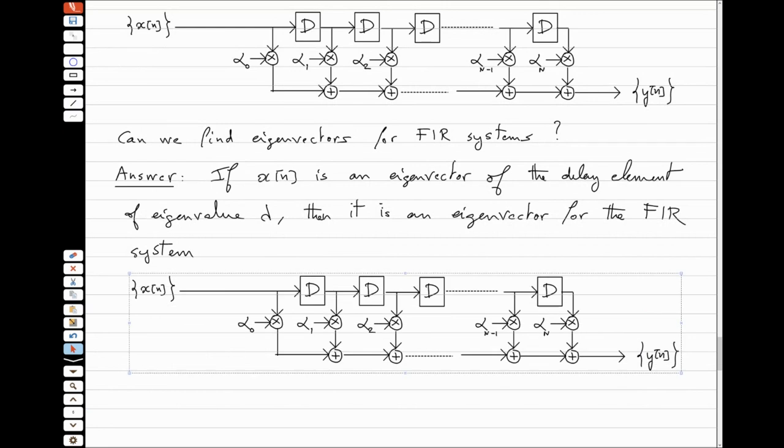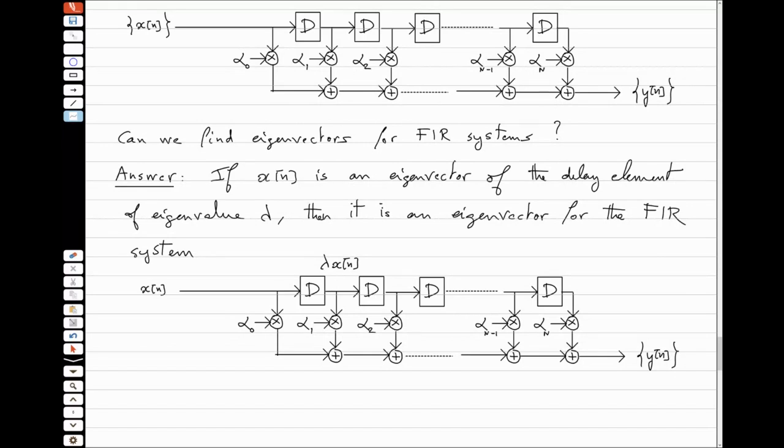In this case, what happens? You're going to get lambda x of n here, right? But can somebody tell me what you are going to get here? Quick.